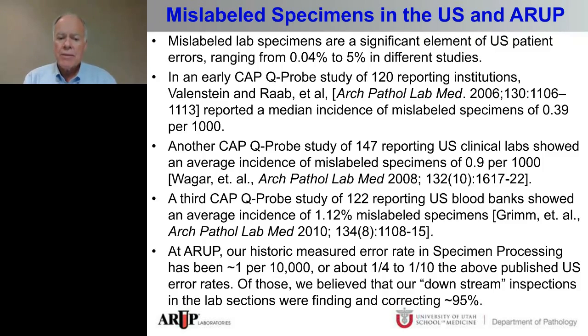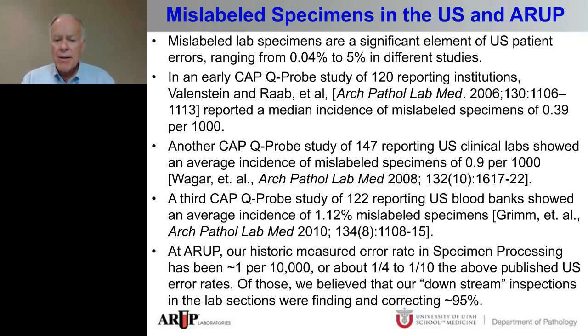So one early College of American Pathologists Q-probe study that was published in the Archives of Pathology and Lab Medicine by Wallenstein and Raab and their colleagues showed an error rate of 0.39 per 100,000.